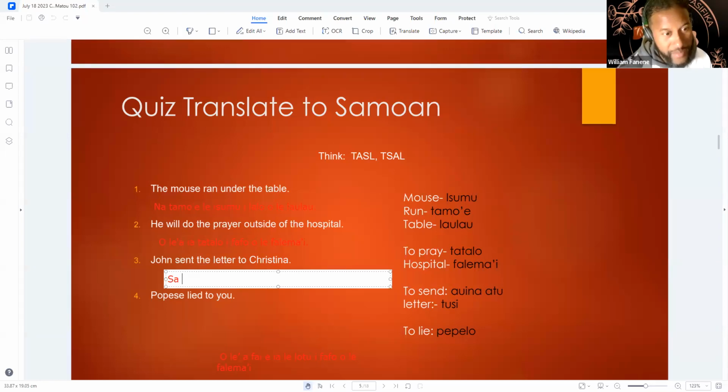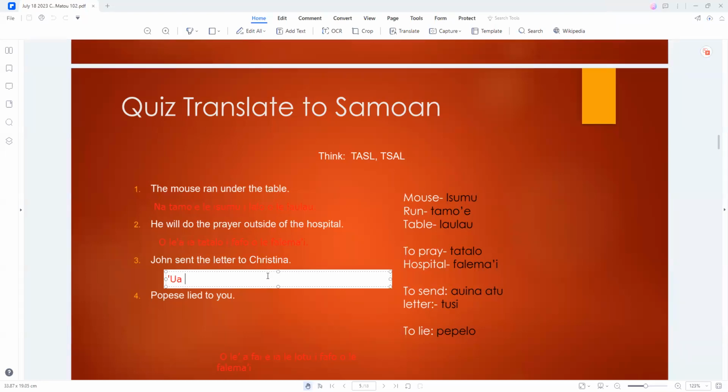So if we said sa, that's like at this time, like if I take you back into my story, John was sending the letter to Christina. So just for clarity purposes, even though people do say sa like that as well, we'll say ua. Did you say ua? I forgot who said that. Ua? I think you said ua. I'm not sure.